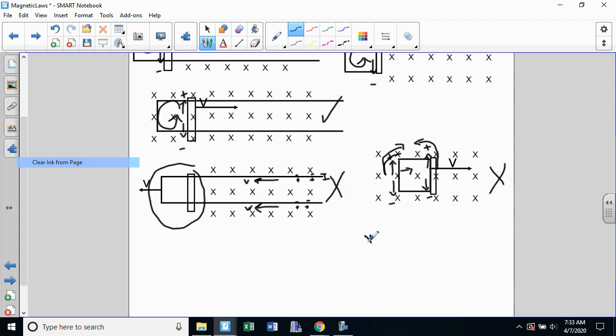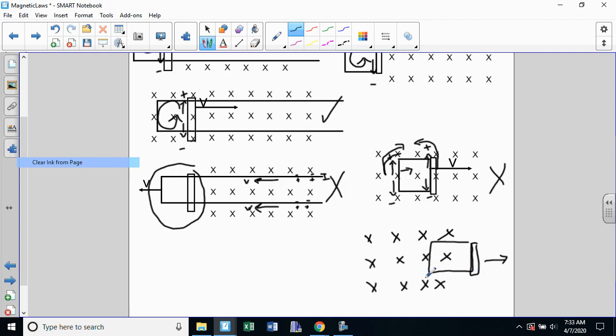Now, what happens if you keep moving this loop across? The moment you start to leave the field, this is pretty interesting. When I start to leave the field, okay, now that my rod is outside of the magnetic field, there's no longer a separation of charges on this guy.